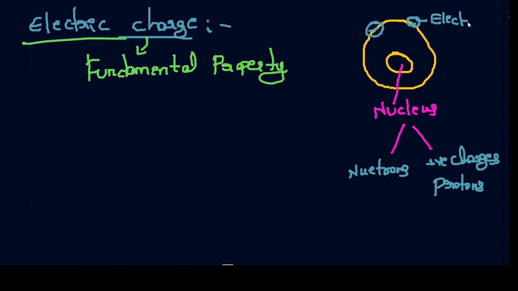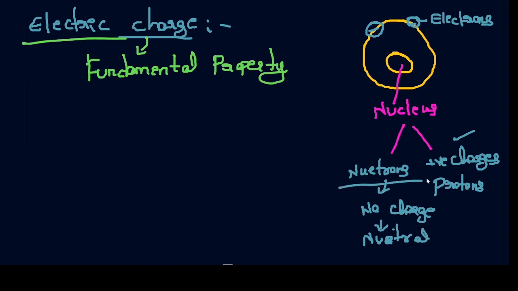Electrons are basically negatively charged particles. So now we know there are three types of charges: negatively charged particles, positively charged particles, and neutrons, which have no charge. They are completely neutral.